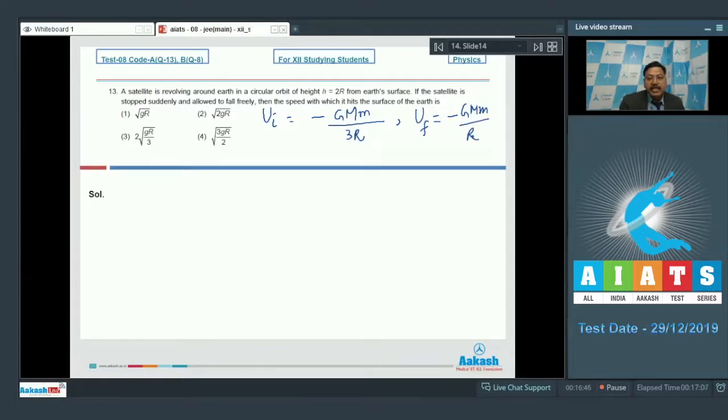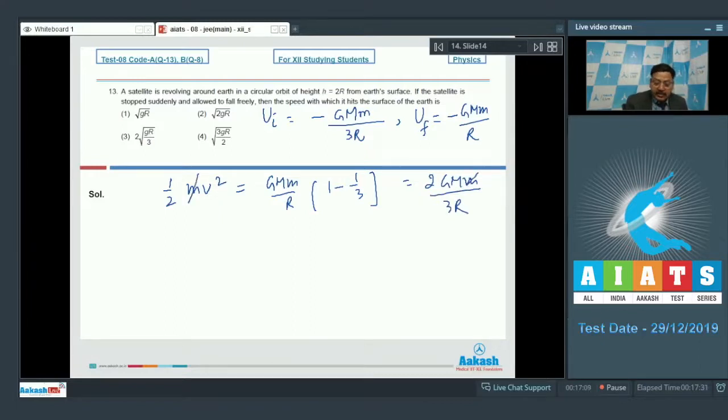So the loss in potential energy is equal to the gain in kinetic energy, which gives us the expression half mv squared is equal to Ui minus Uf, which gives us G capital M small m by R into 1 minus 1 by 3, or simply 2G capital M small m by 3R.